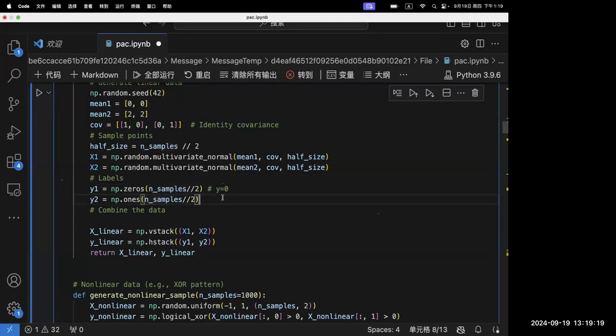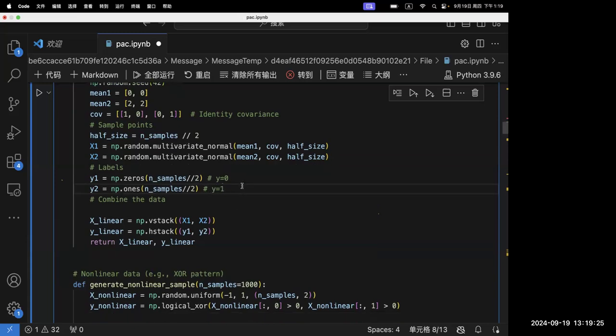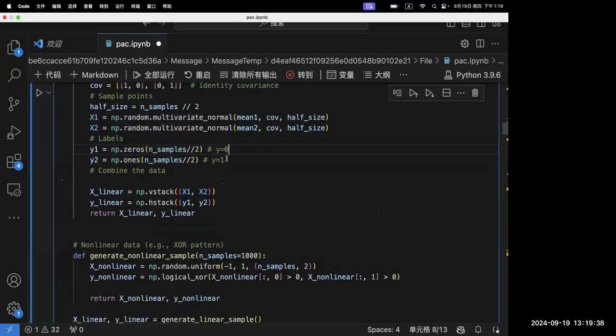And for the second group, their ground truth label is associated with another category, which is one. So this is sort of the target concept, right? We have the underlying rules of the data generation. We have the underlying rules of the labeling process. So it is like we know the target concept.